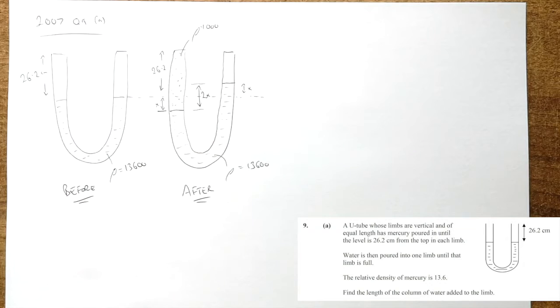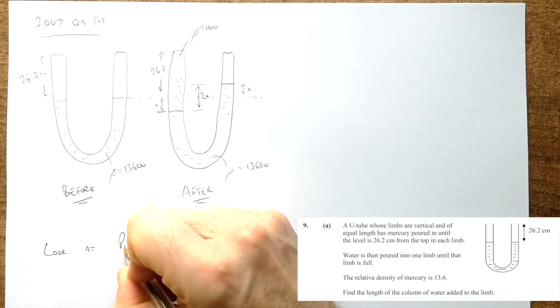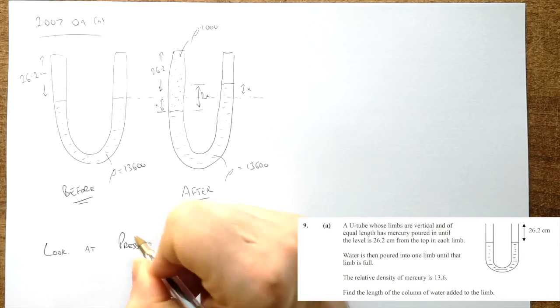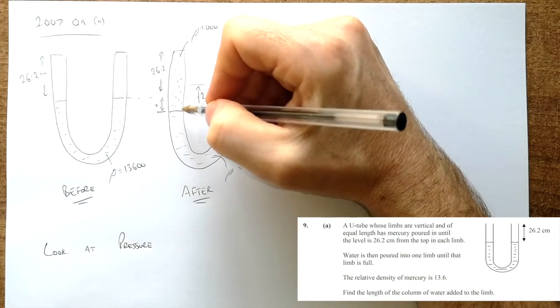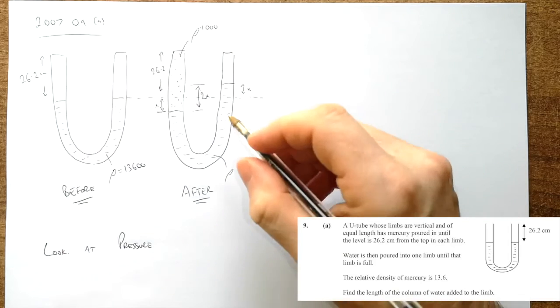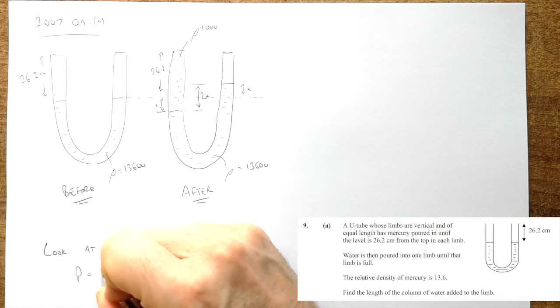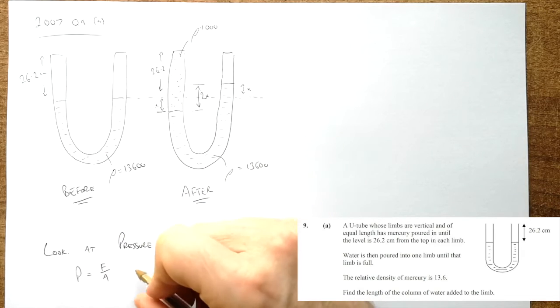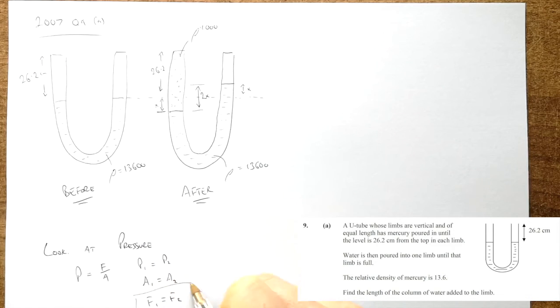Now we're going to solve this one by looking at pressure. Pressure in the liquid is equal to everything pushing down on it. Strictly speaking, we're going to look at the force on it because the area of the two is going to be the same. Pressure is force over area, so P1 equals P2, A1 equals A2. It's the forces, so we'll look at this in terms of force to make life a bit easier.